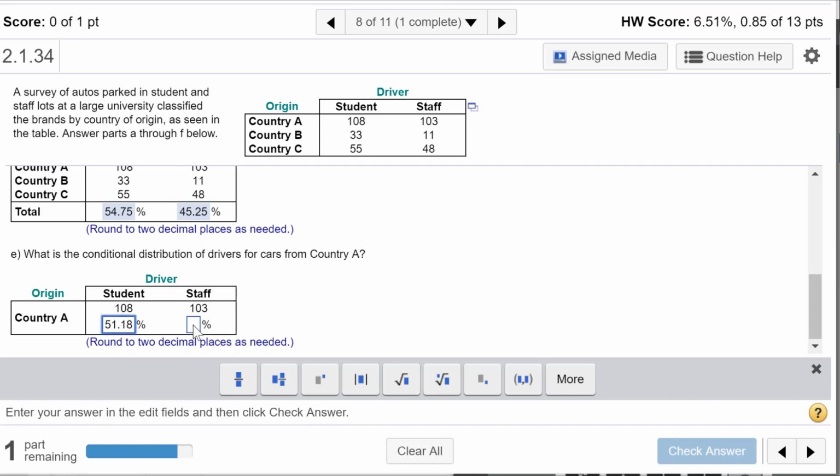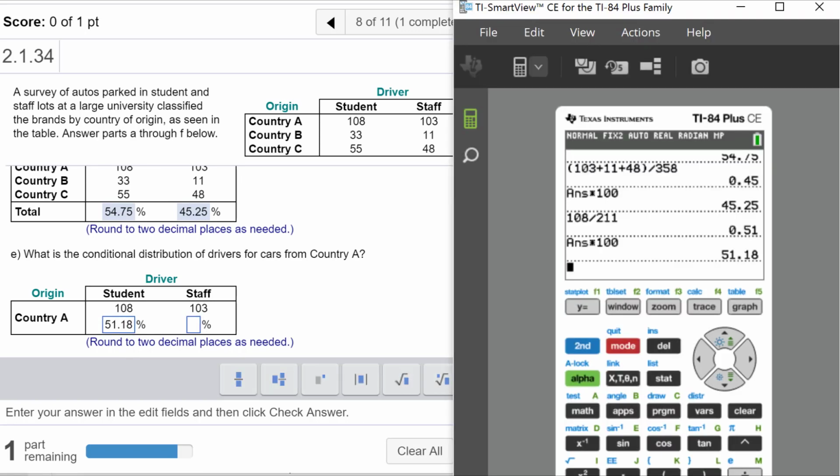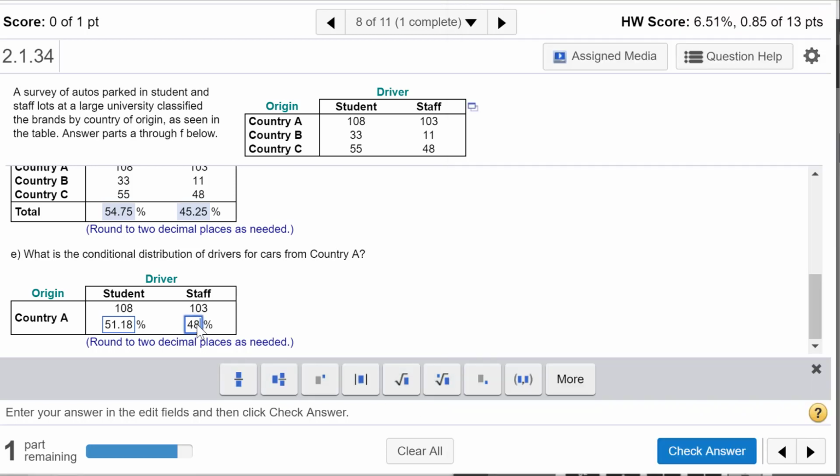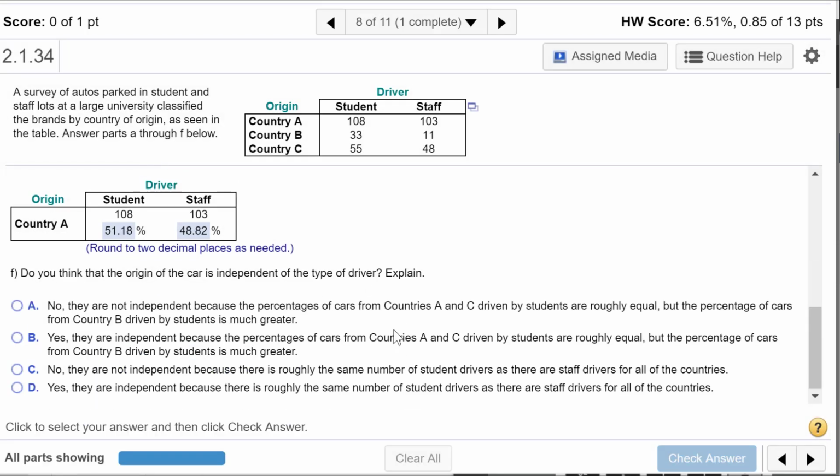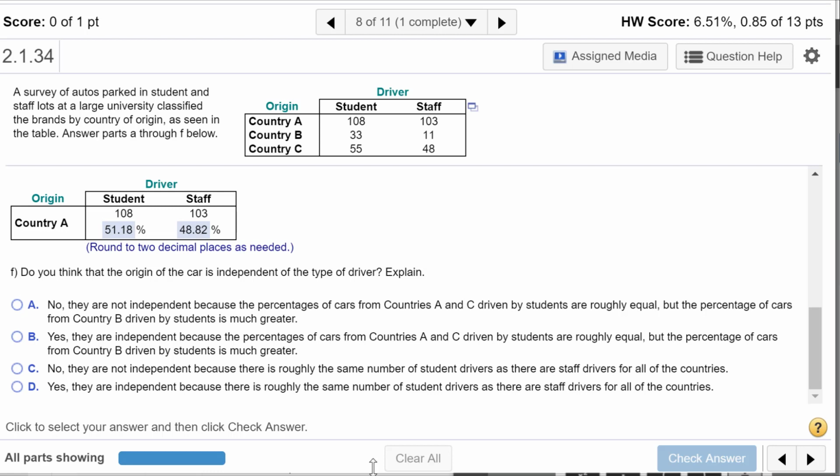And similar for staff. 103 divided by 211 times 100. 48.82. And I'm going to let you think about this question here.